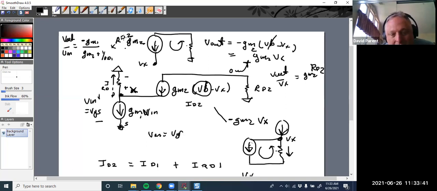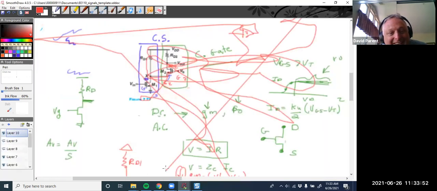And what would be the point of that? I don't know. If this goes to infinity, then it's like it's not there. It's so big that it's actually an open circuit.